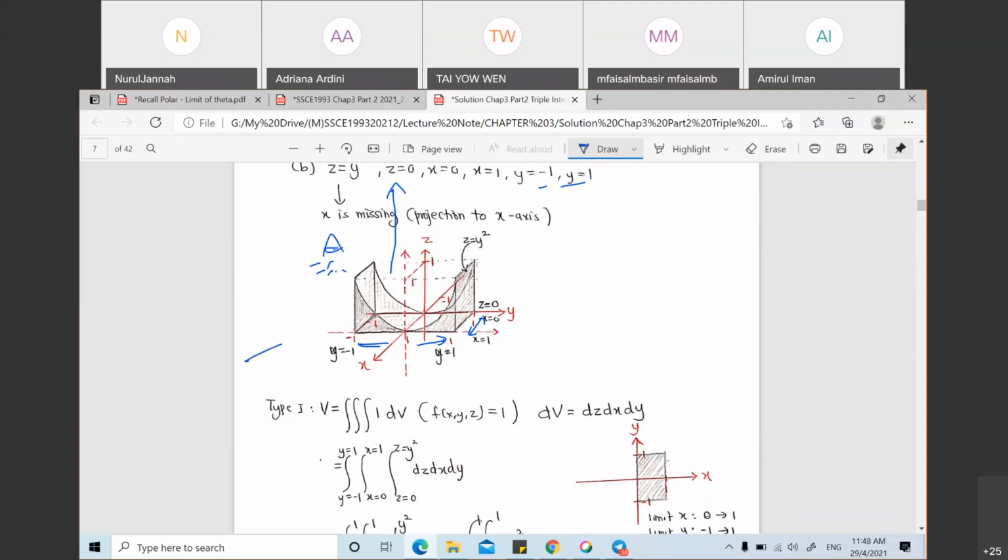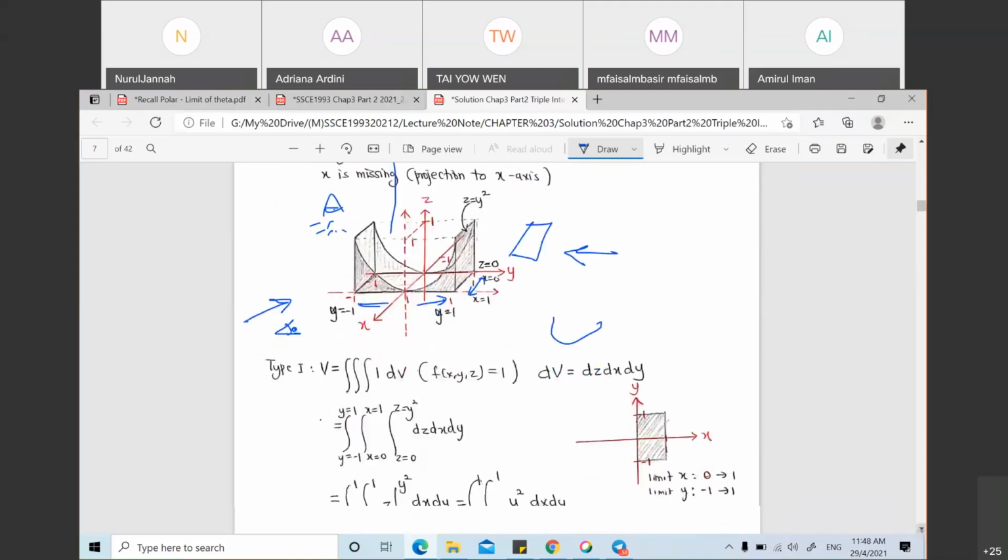If I put my eyes here, I can just see the parabola. If you put your eyes here, again I see the rectangle. It is like if you compress everything until the bottom part. If you compress here, what do you get? Like this. So that's why this is the region.